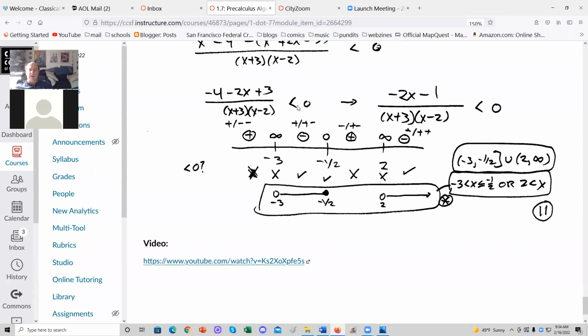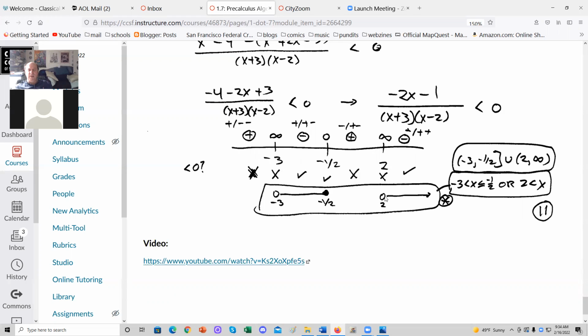When is it strictly less than 0? Not here where it's positive, not here where it's infinity. Yes, here where it's negative. Yes, here where it's 0. Not here where it's positive. Not here where it's infinite. Yes, here where it's negative. So going by the graph, it would be this half open interval, excluding −3 but including −1/2.